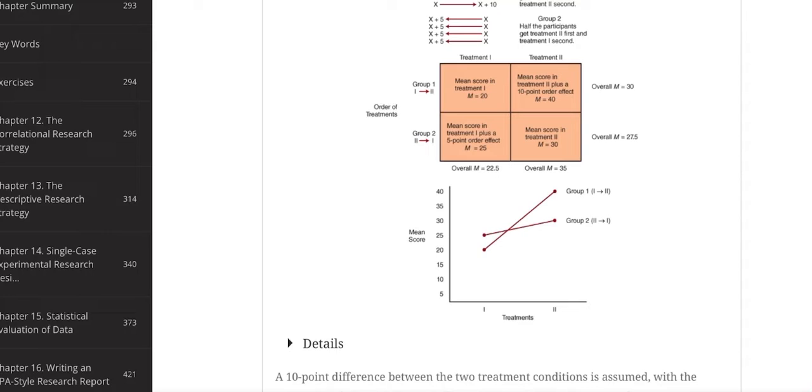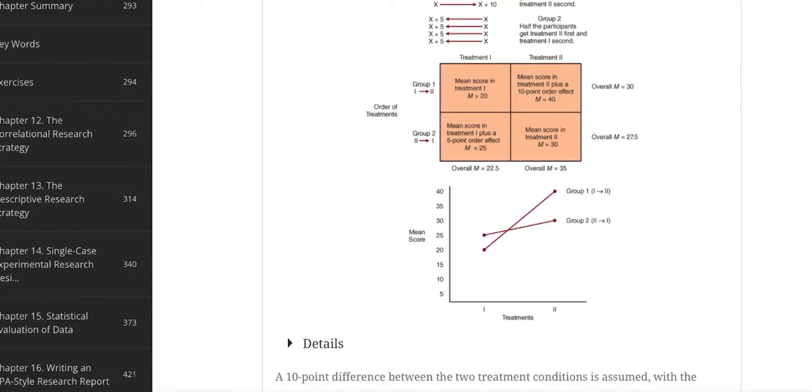in this case, for whatever reason, having treatment 1 first caused treatment 2 to have a 10-point increase. So let's say it was a practice effect. So for whatever reason, when you experienced treatment 1 first, you were much better at treatment 2.